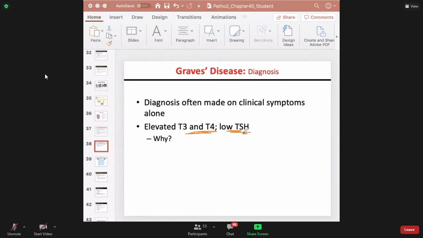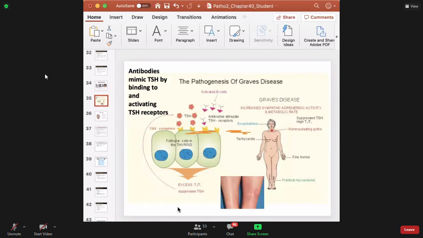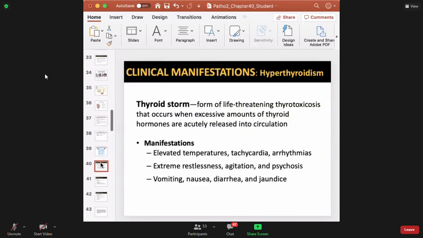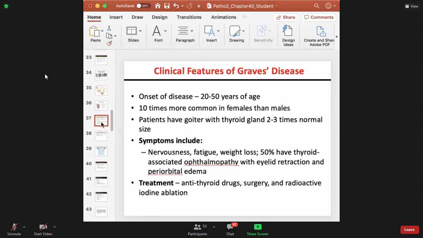Because remember, in Graves' disease, it's not the TSH that's making the thyroid make excess hormone. It's the autoantibodies. So even if I decrease my TSH, these other guys are coming at the thyroid with a vengeance, so they're still going to stimulate it. Does that make sense? So the TSH does lower in an effort to try, but it's not enough.